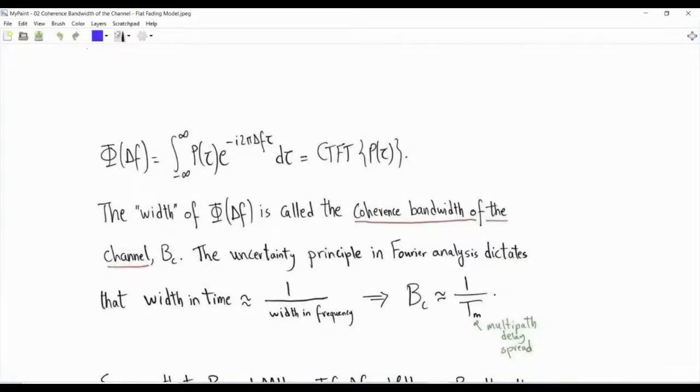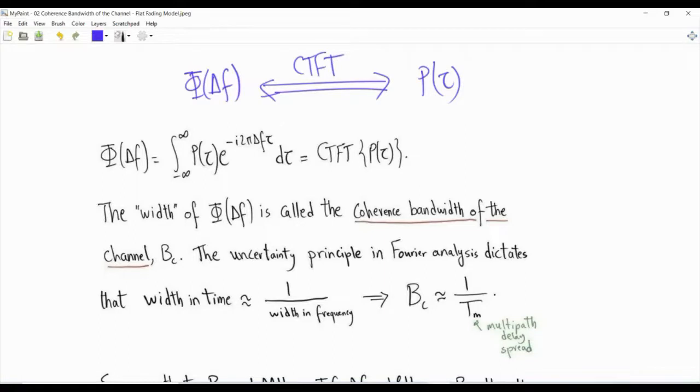So now, the spaced-frequency correlation function and the multipath intensity profile are related by the CTFT in one way, and the inverse CTFT in the other way. Hence, from the uncertainty principle in Fourier analysis, the width of this function is related to the width of this function.